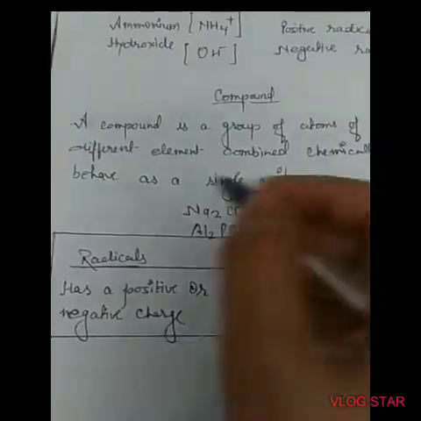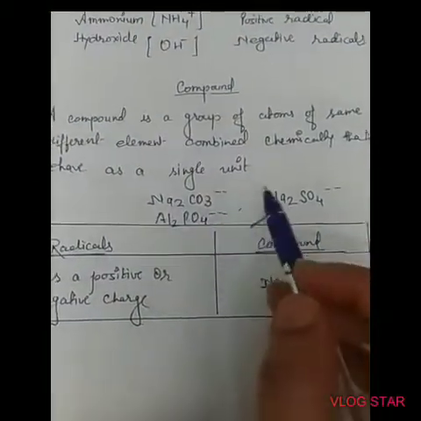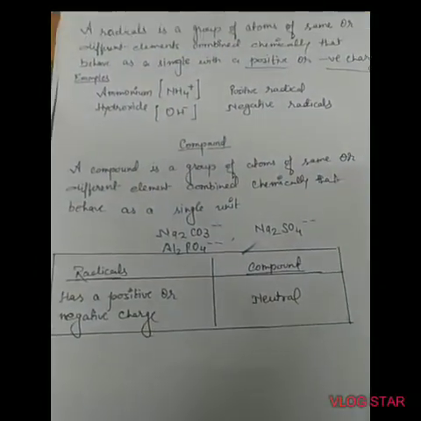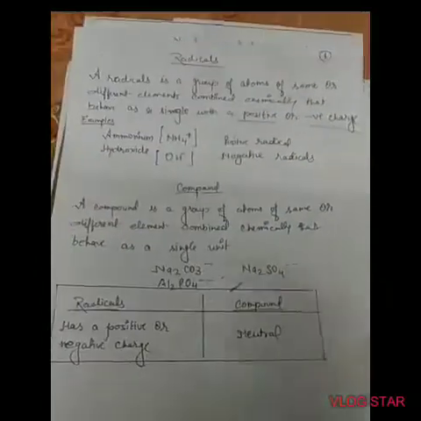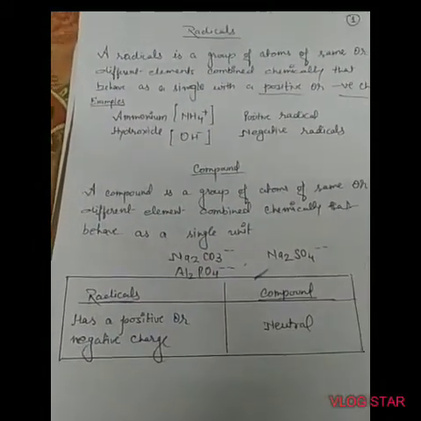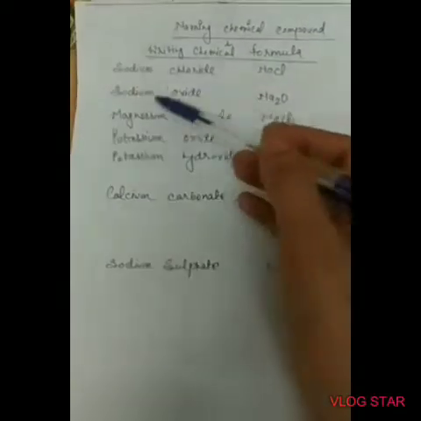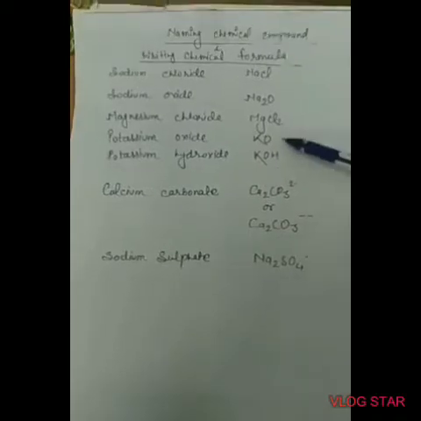Okay, these are the examples of radicals which contain negative charges, and sometimes they contain positive charges also. Got it? So these are radicals. We have studied radicals and compounds and what is the difference between them. Okay.